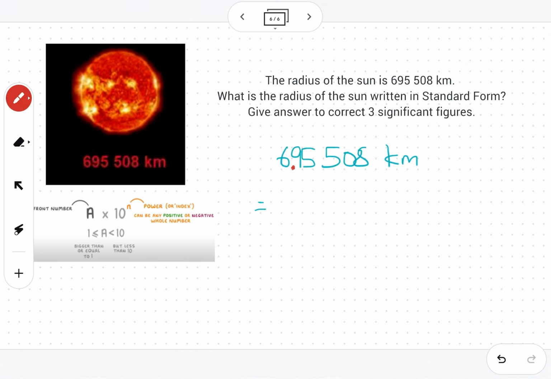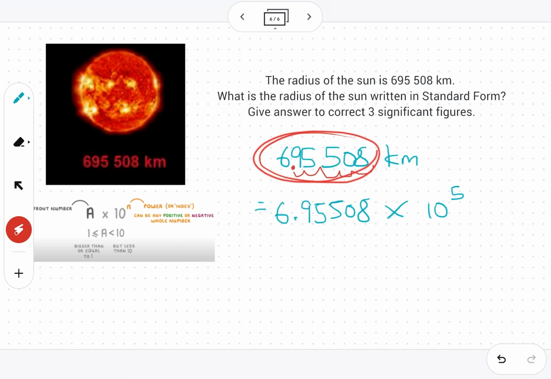Now the easiest way to do it is using the moving the decimal point method. So from here, 1, 2, 3, 4, 5. Okay, so 6.95508 times 10 power 5, positive 5, because look, the number is really big here.